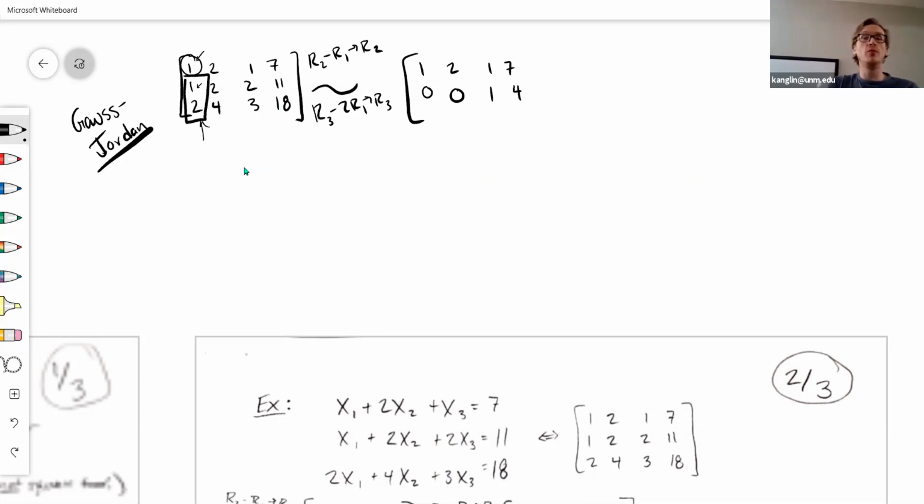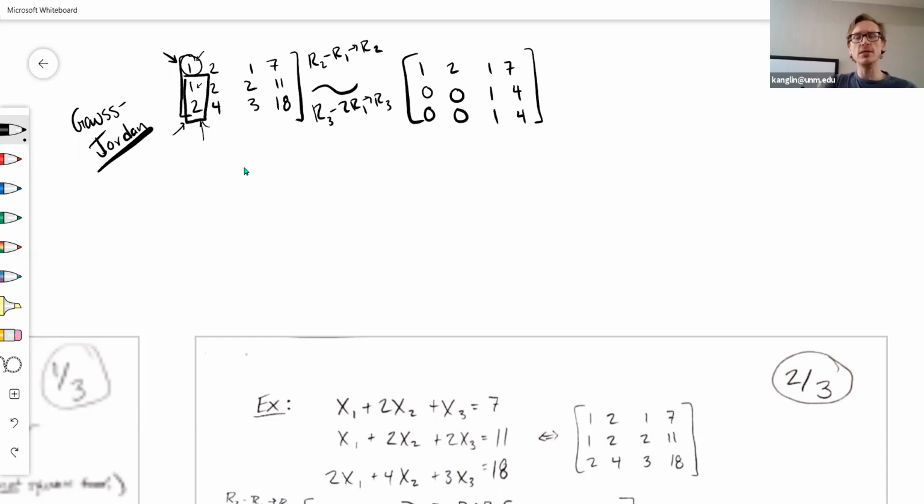On to the next row. 2 minus 2 copies of 1 is 0. 4 minus 2 copies of 2 is 0. 3 minus 2 copies of 1 is 1. That's right, okay. And 18 minus 2 copies of 7, 18 minus 14 is 4.